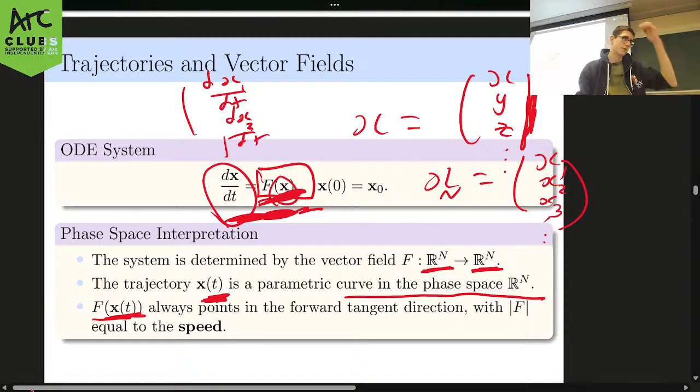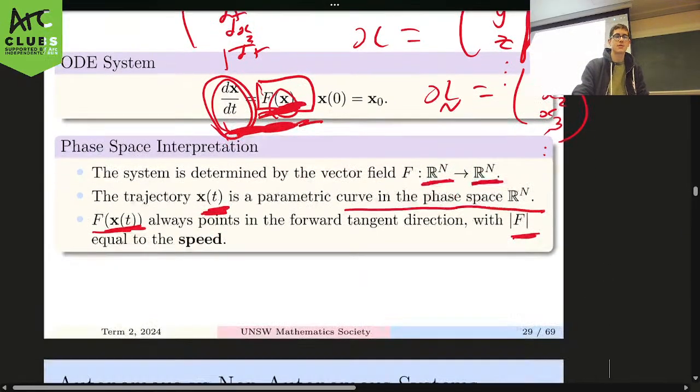We'll talk about why that's valid to just look at this case in a second. But hopefully you recognize this. And the magnitude of our f, which is like our velocity at our current position, given that it gives this derivative with respect to time, is our current speed, okay? So hopefully you see the usefulness of this.